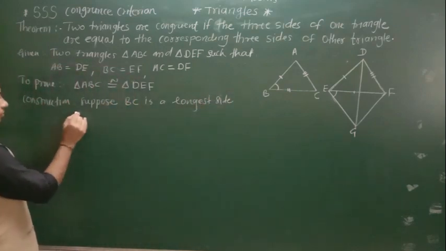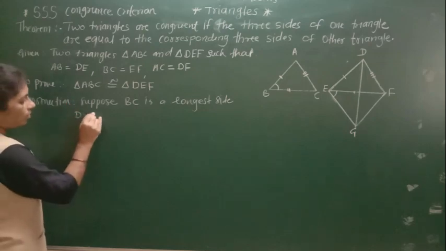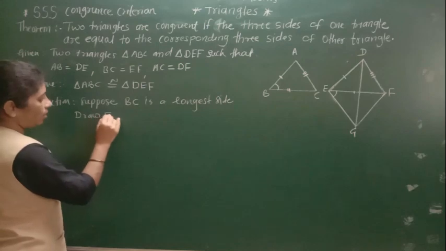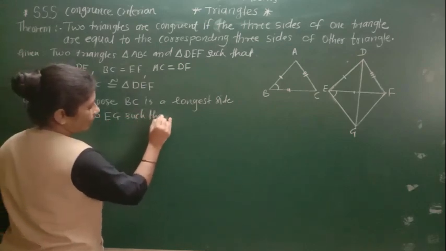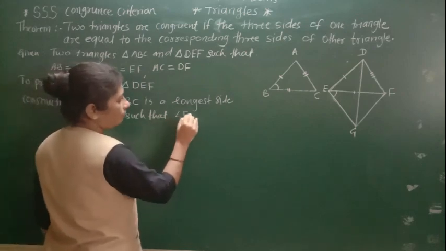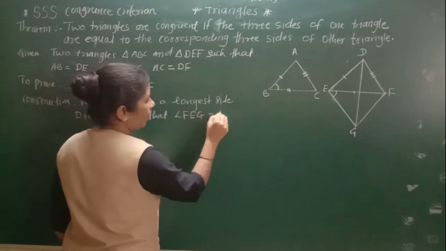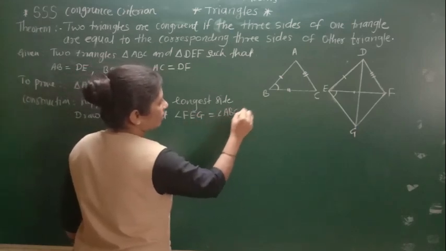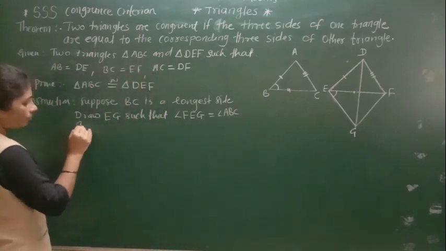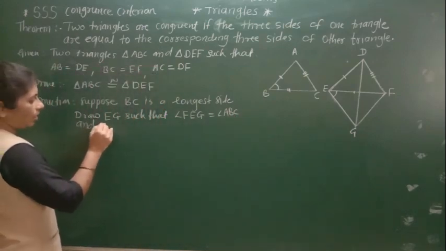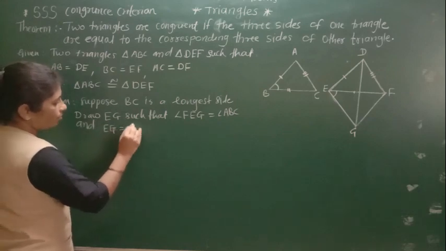The actual construction we have done: draw EG such that angle FEG is equal to angle ABC, and EG is equal to AB.